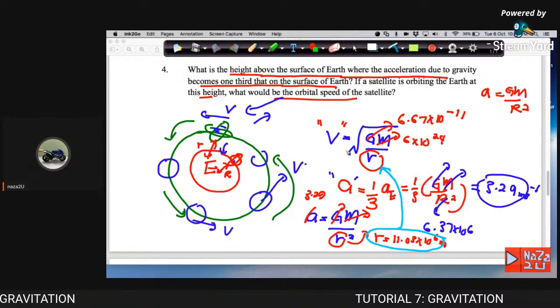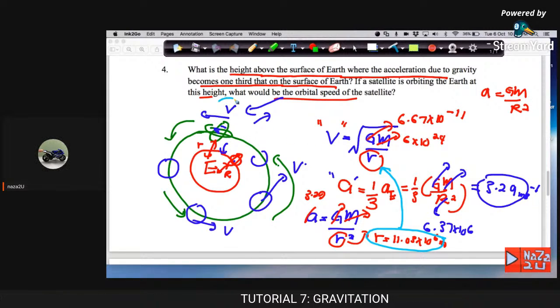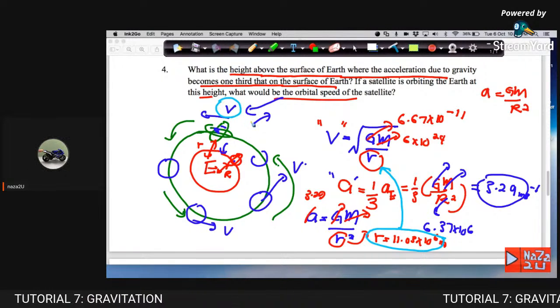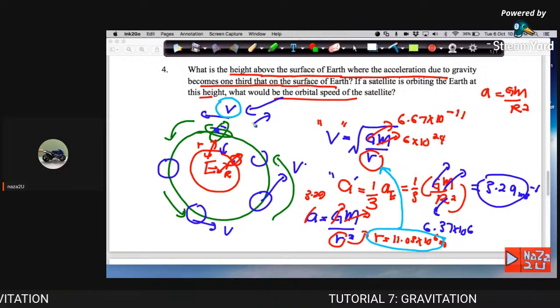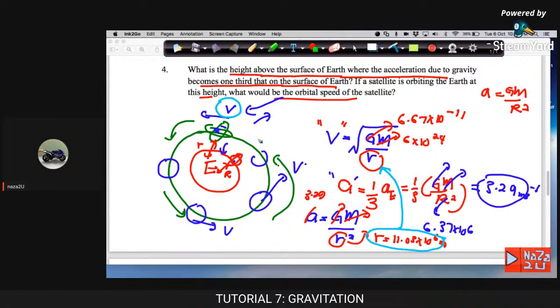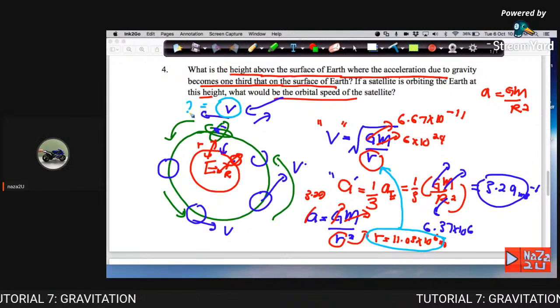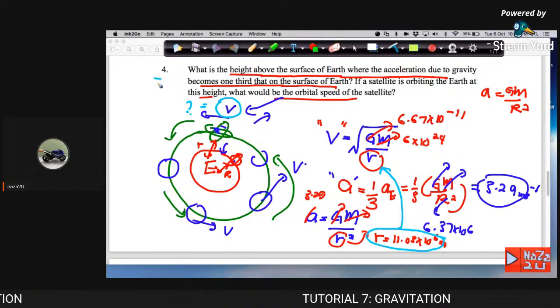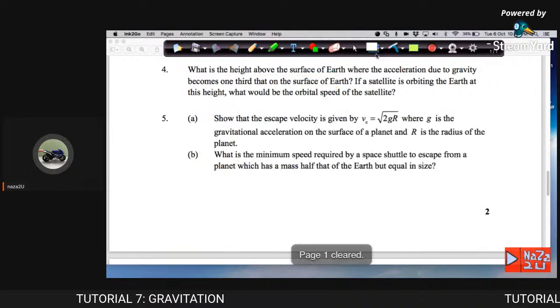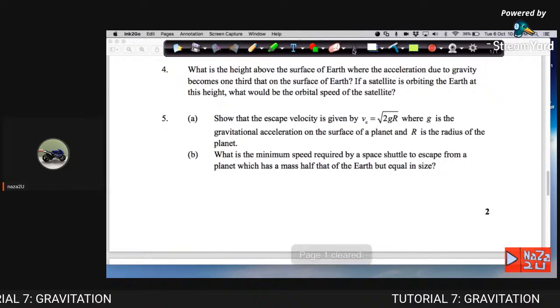Okay, untuk kita mendapatkan dia punya nilai orbital speed yang kita ada kat sini. Okay, jadi itu boleh kamu kira nanti berapa dia punya nilai V nanti. This is question number 4. So continue to the question number 5.